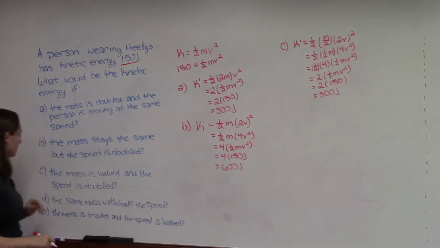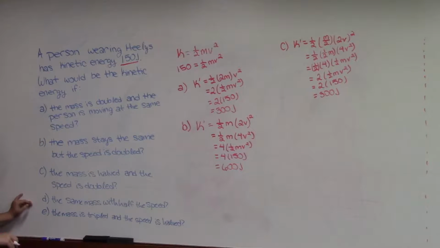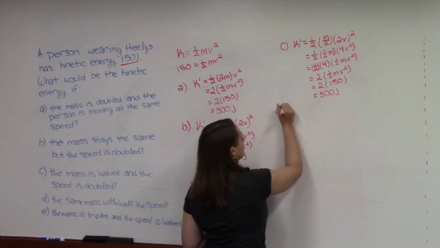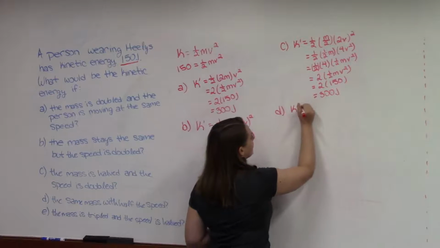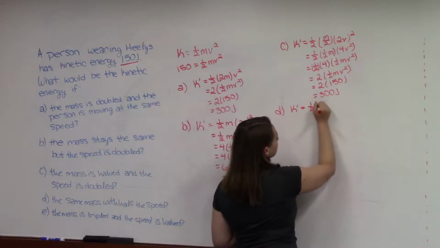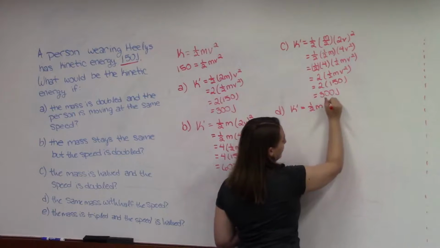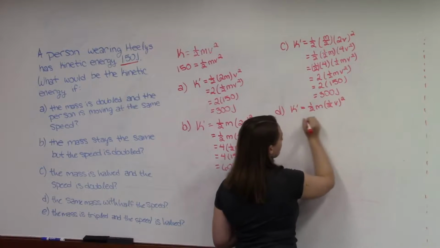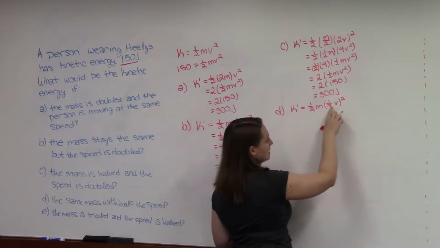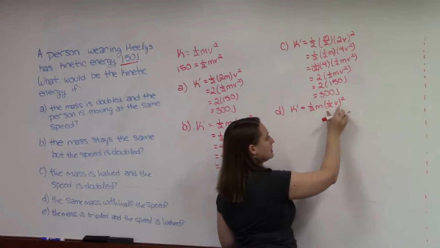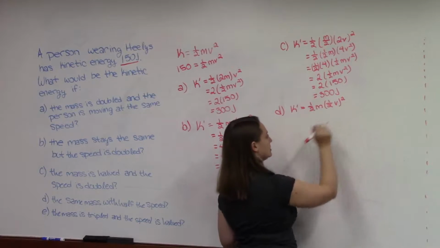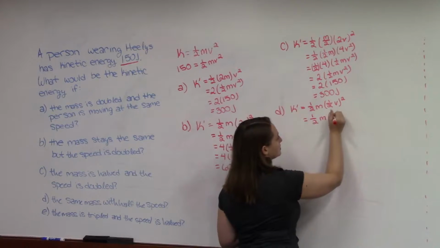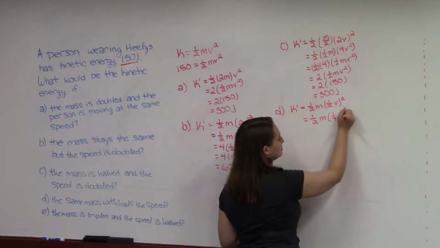Okay. Now for part D, we have the same mass with half the speed. So we have 1/2, same mass, and half the speed. We just plug in the same mass and 1/2 times v inside our parentheses with that square outside. We have 1/2 m times 1/4 v squared.